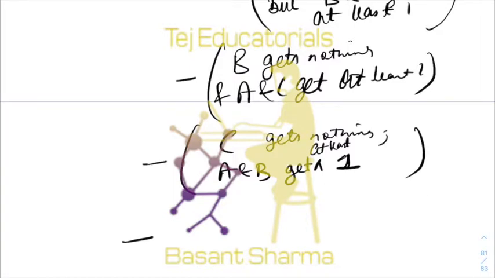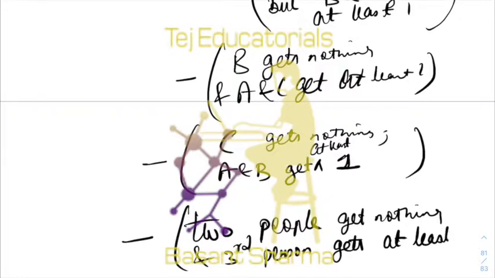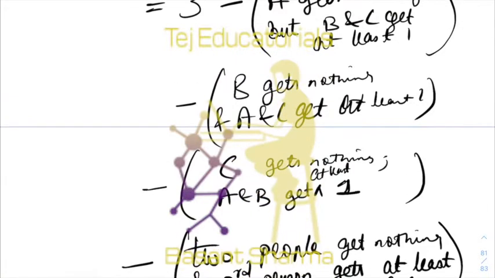So there will be a case when 2 people get nothing and third one person gets at least 1. Alright, so basically third person gets at least 1 means all the remaining 9 objects will go to the third person and 2 people won't get anything.